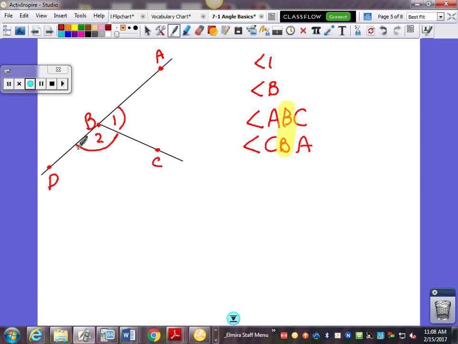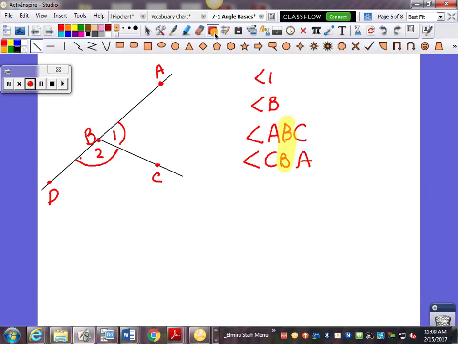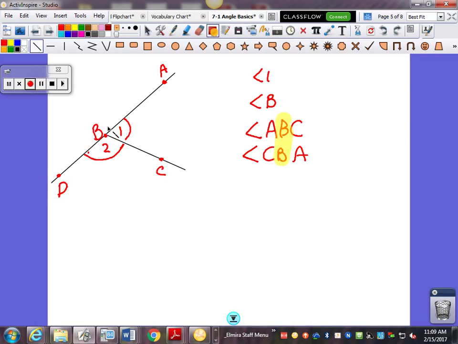So angle B is not enough anymore to just name an angle, because my drawing's too complex. And all I did was extend one line. Try to imagine now if I also added another line right here and another one right here.